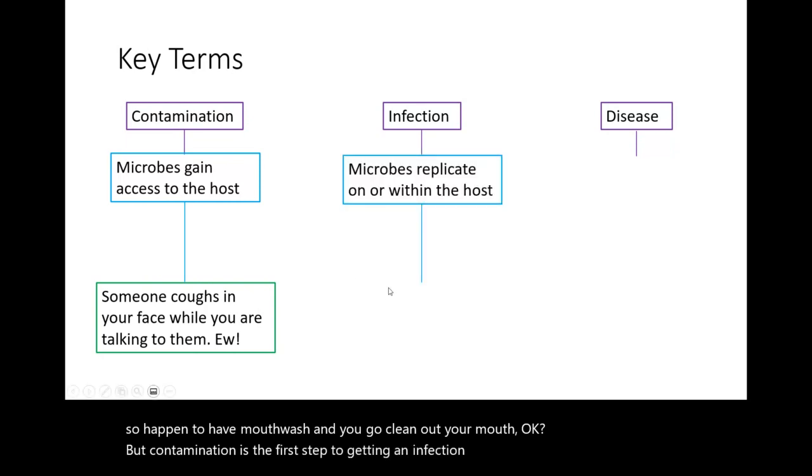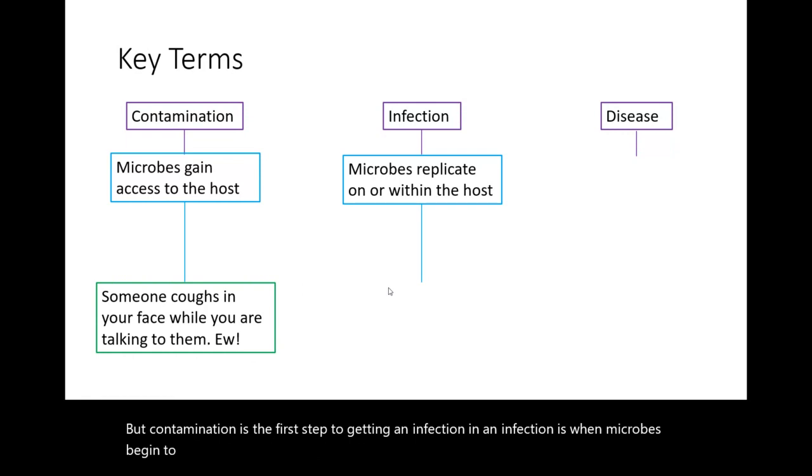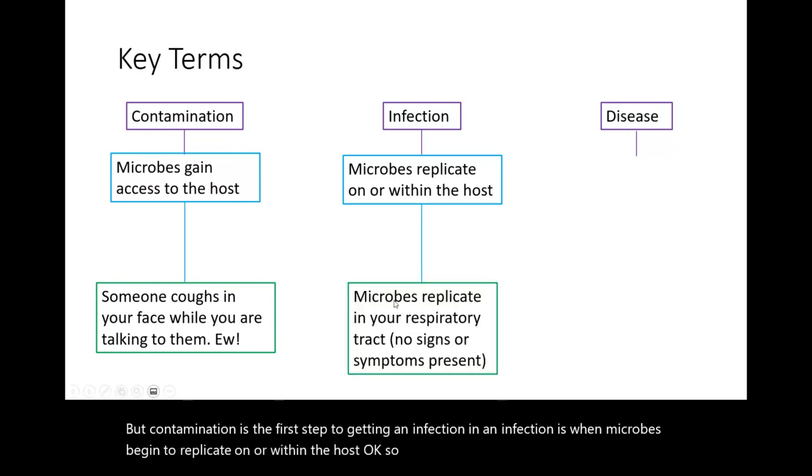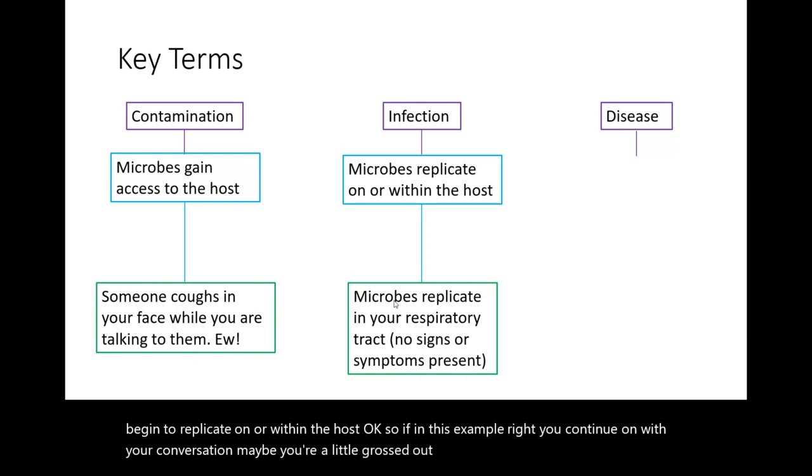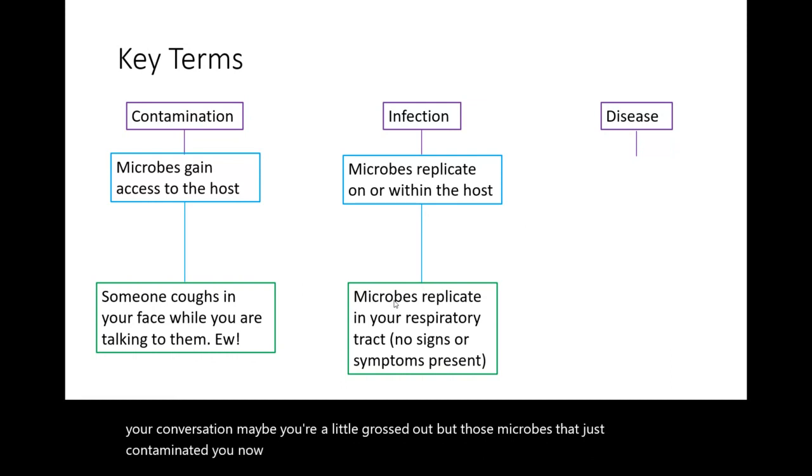And an infection is when microbes begin to replicate on or within the host, okay? So if in this example you continue on with your conversation, maybe you're a little grossed out, but those microbes that just contaminated you now start replicating in your nasal cavity or in your mouth or throat.